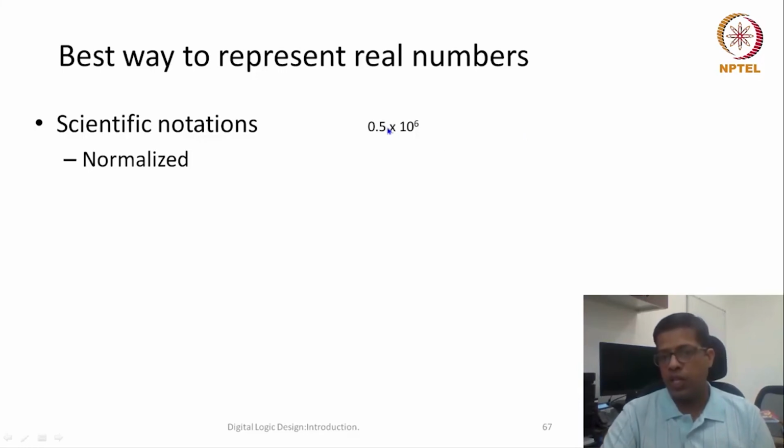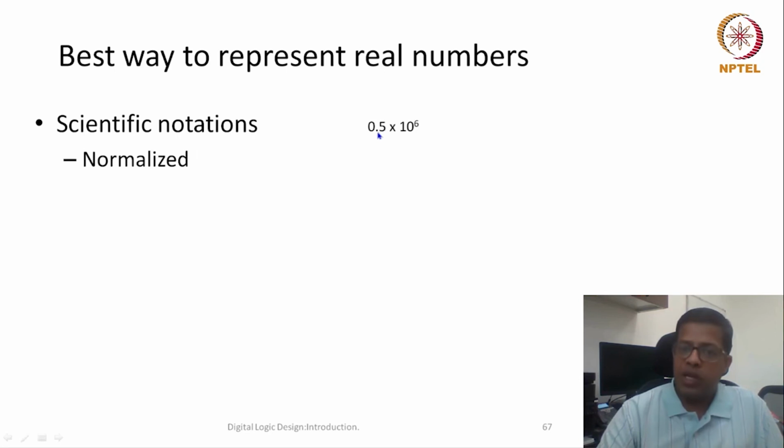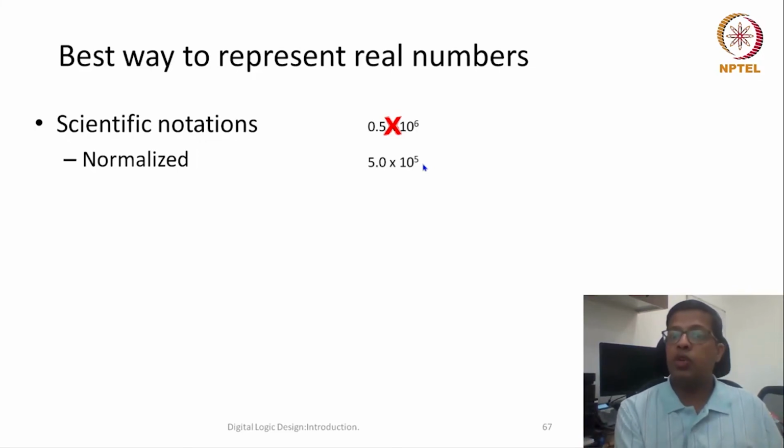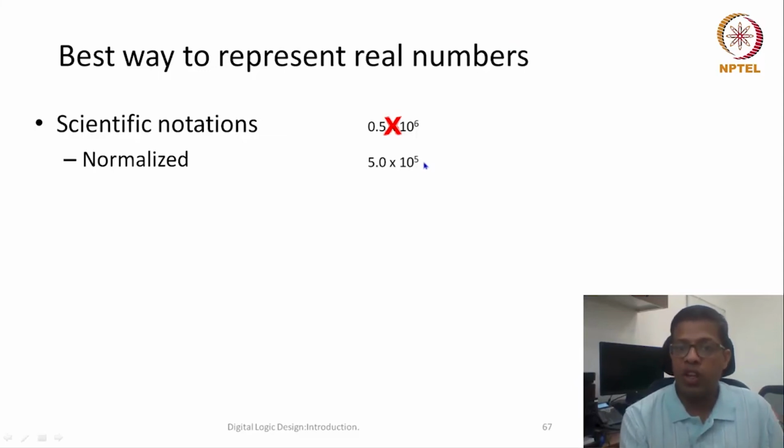So this number has to be written as 5.0 into 10 to the power 5.